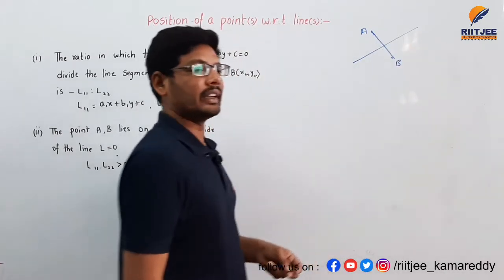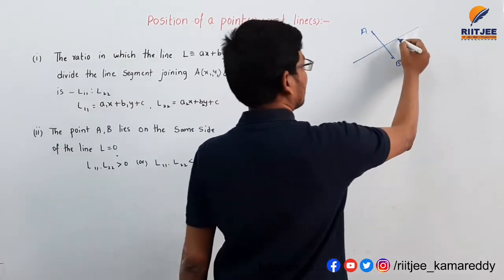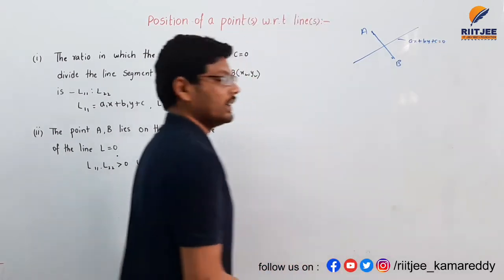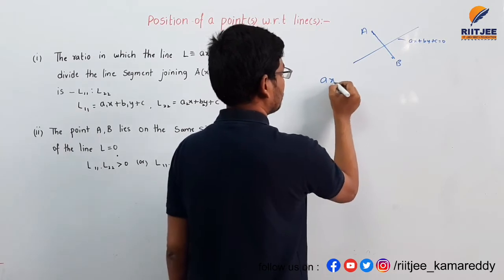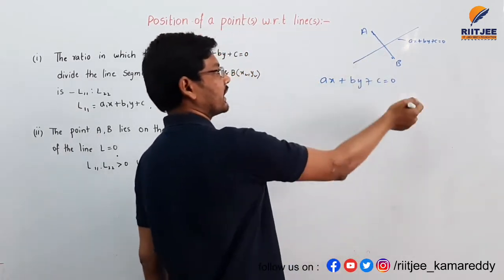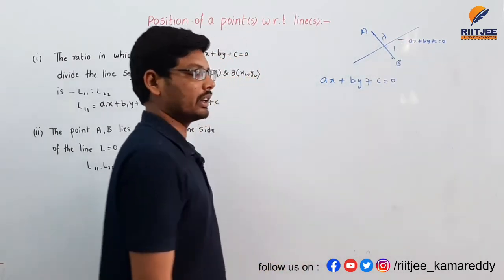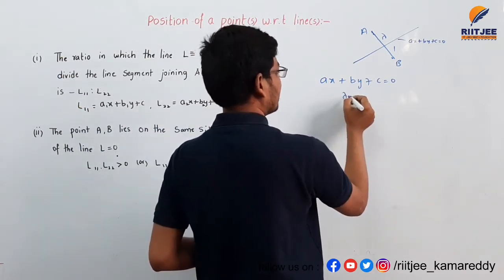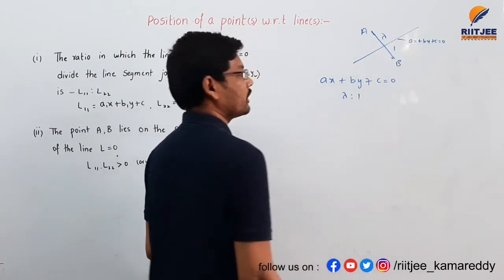This straight line equation is ax plus by plus c is equal to 0, the general form of a straight line. It will intersect this line with a ratio of lambda is to 1. I don't know the ratio, that's why I am taking the line segment divided by the straight line in a ratio of lambda is to 1.